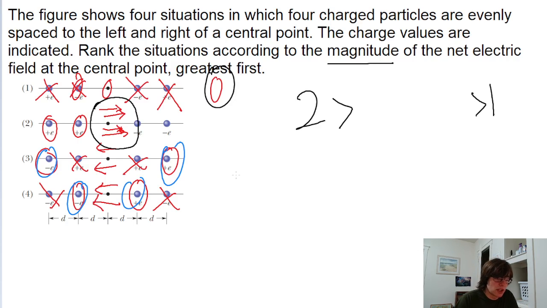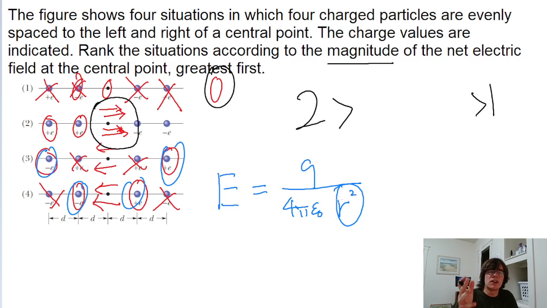Remember that the formula for the electric field states that the strength of the field is inversely proportional to the square of the distance between the charge and the point we're analyzing.